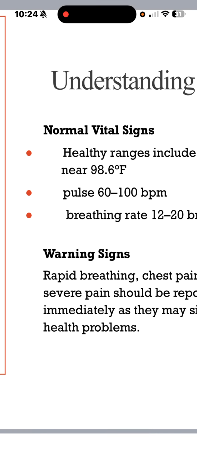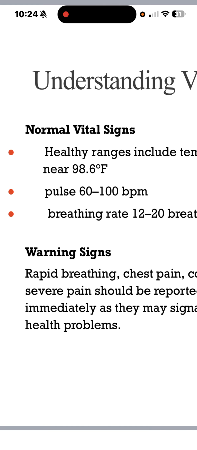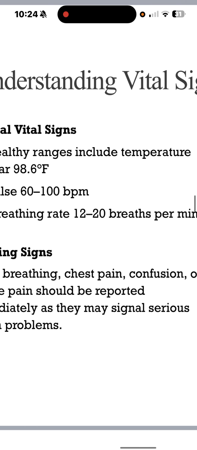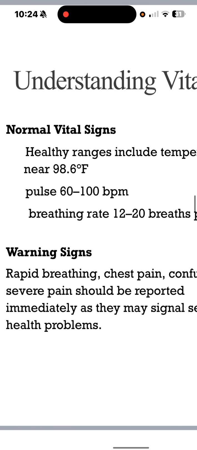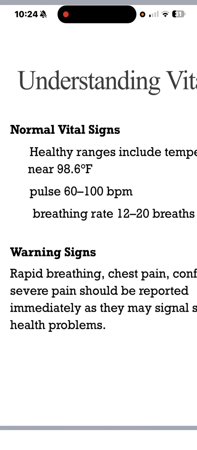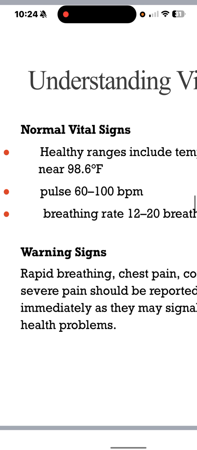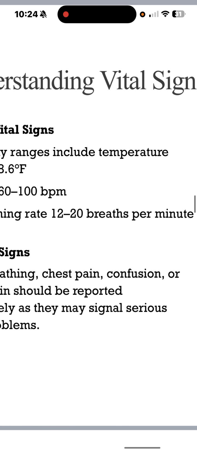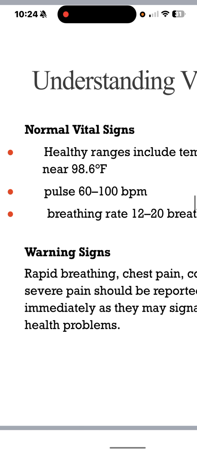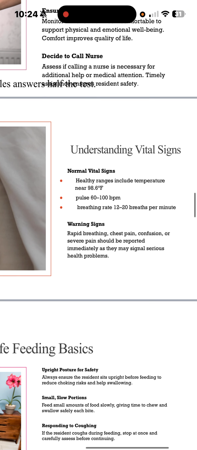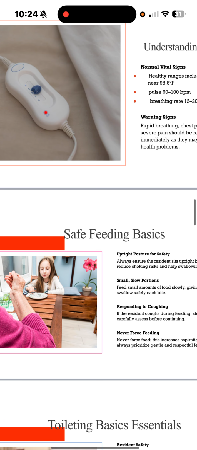Warning signs of vital signs, guys. Rapid breathing, chest pain, confusion, or severe pain should be reported immediately, as they may signal a serious health problem. So you should report those problems.